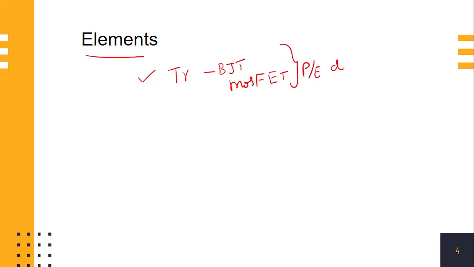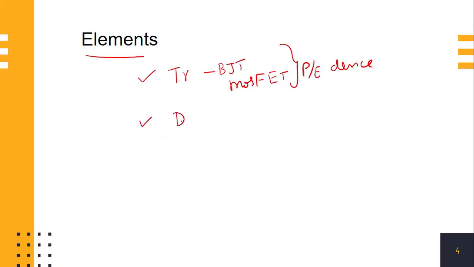First we will see the basic elements of a chopper. All DC to DC converters must have a transistor element. It may be a BJT or it may be a MOSFET. That is the fundamental power electronic device.